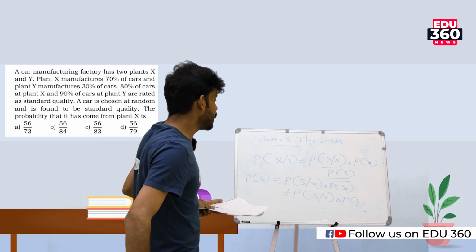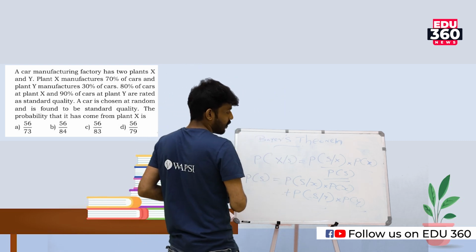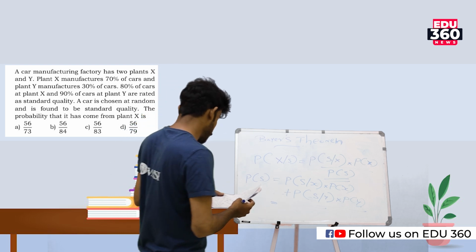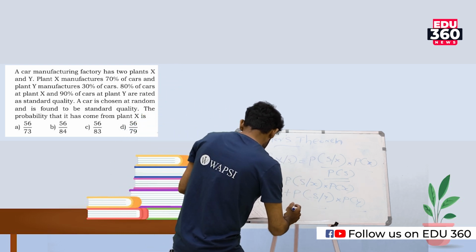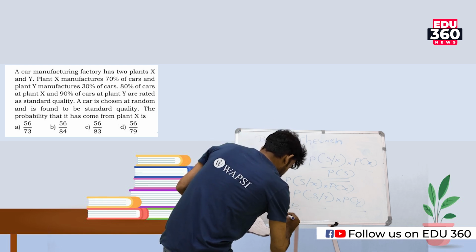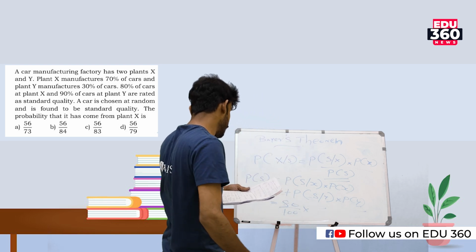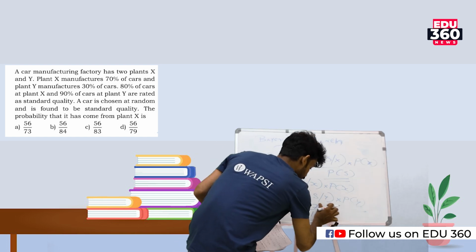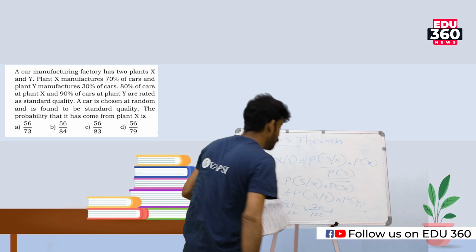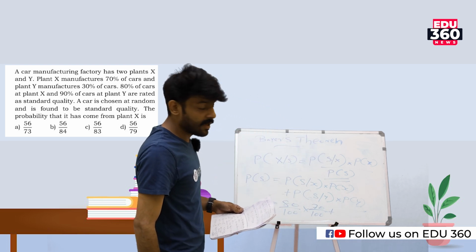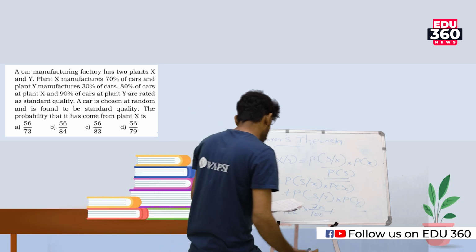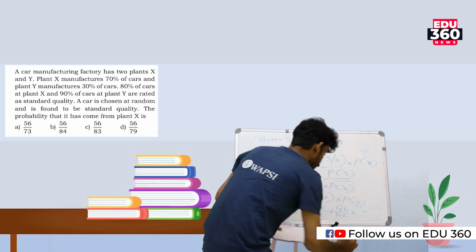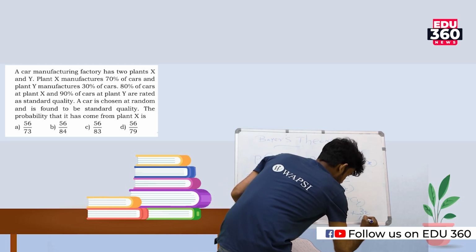On the next step we can substitute the values. First of all, we can find P of S. P of S is equal to P of S by X, which is 80 by 100, into 17 by 100, plus P of S by Y, which is 90 by 100, into 30 by 100.